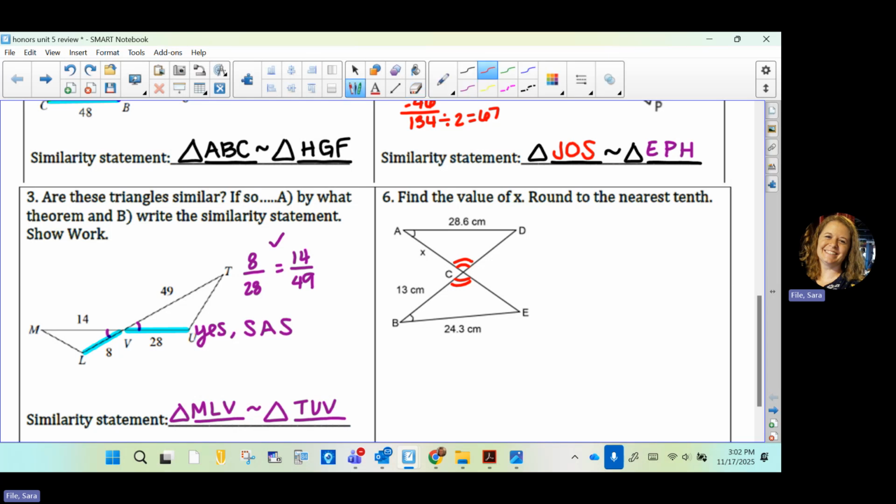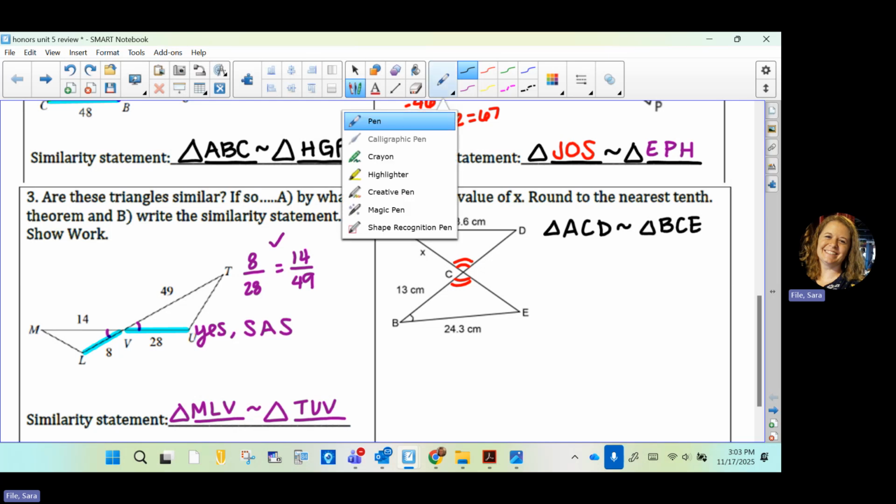If I wanted to name these in corresponding order, I know that A corresponds to B, and then C obviously corresponds to itself. So then D must correspond to E. If I were writing my similarity statement, that helps me see what corresponds.